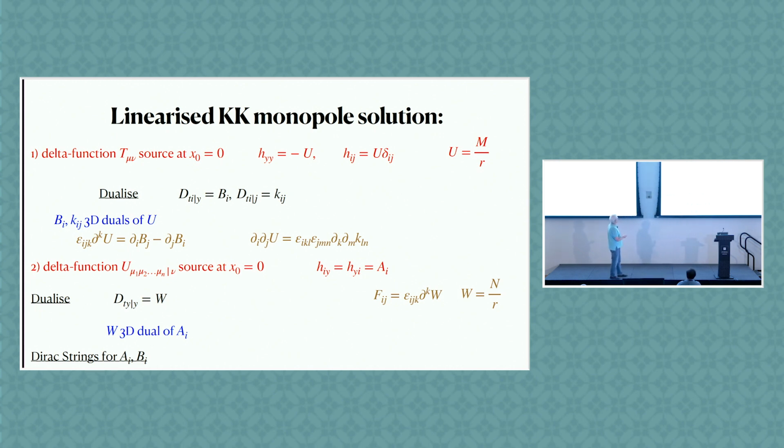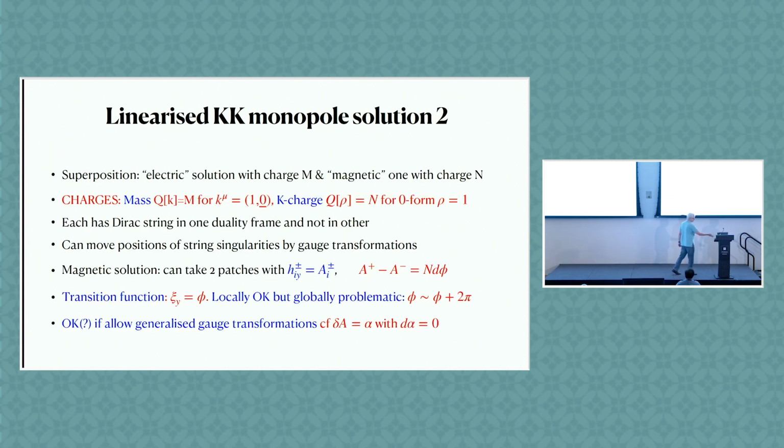So here we have both of the duals in, and so there are Dirac strings as usual for A and B, but each part of the solution we could rewrite without a Dirac string by dualizing. So this one written in terms of H doesn't have a Dirac string, and this one written in terms of D doesn't have a Dirac string. So the linearized solution is a superposition of an electric and a magnetic solution.